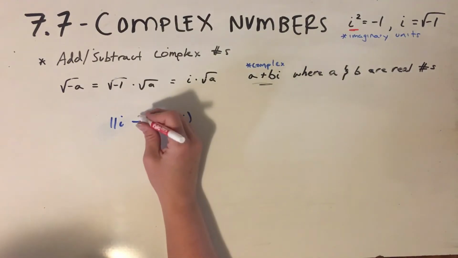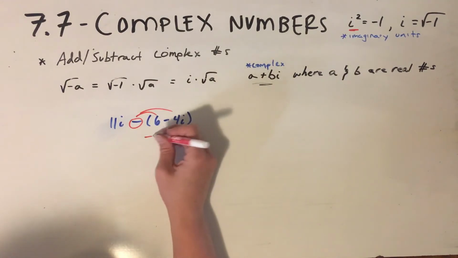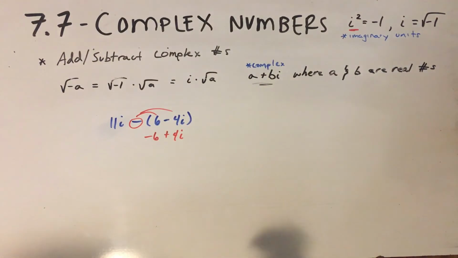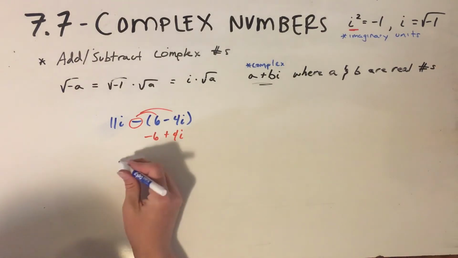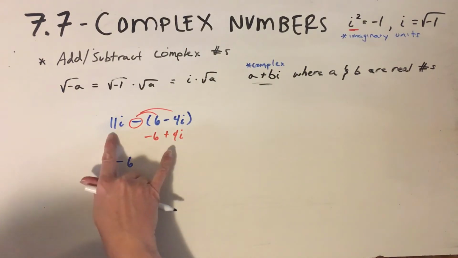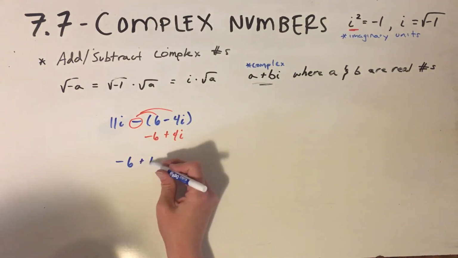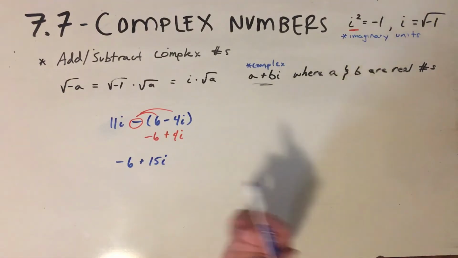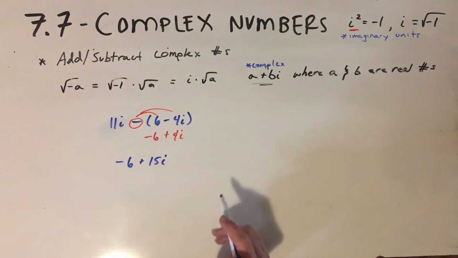Well, again, this negative here is going to distribute, so that's going to give me a -6 and a plus 4i. When I combine, the -6 can't combine with anything, it's just going to be -6. But when I combine 11 and 4, I'm going to get a positive 15i. We're just going to treat i like it's x. So again, combine its coefficients, it's still i.